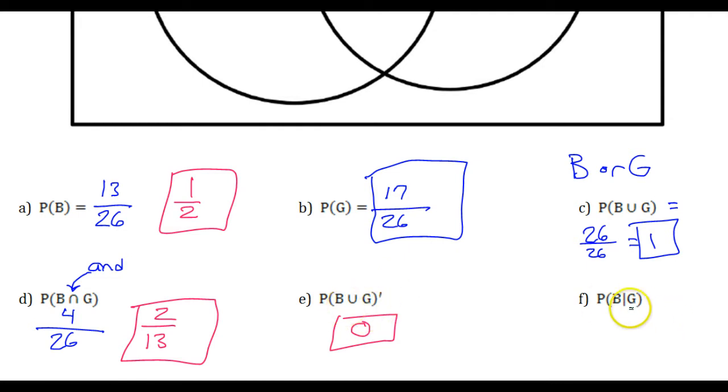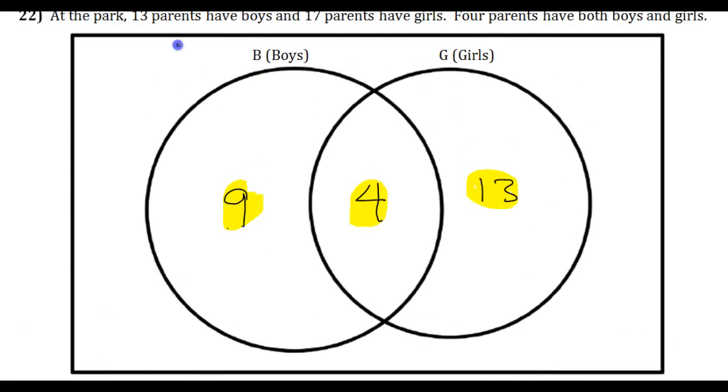Now the last one. These are my favorites. This is the probability of having a boy given that you have a girl. The probability of B given G. So what you do is you start with what you're given. We're given G. So if we're given G, let me start over.